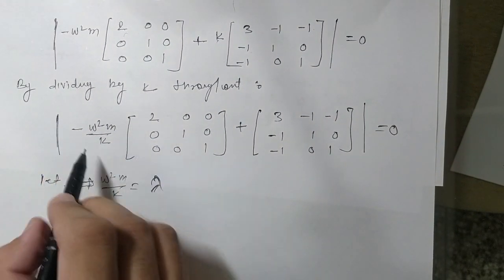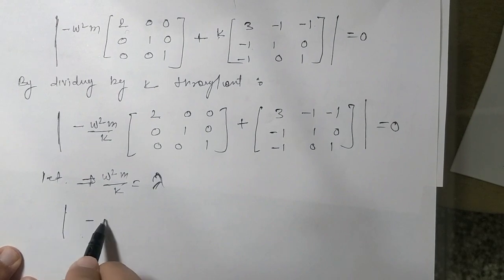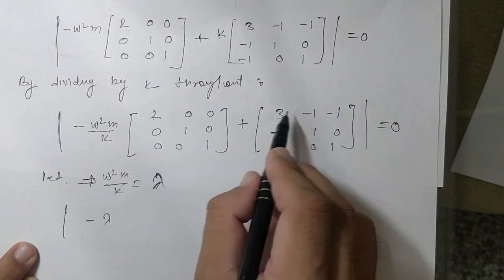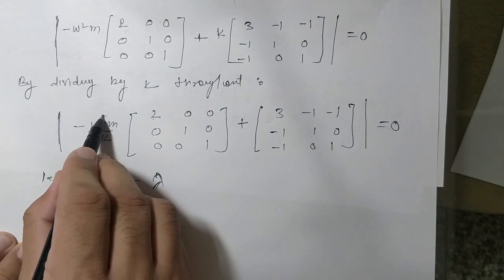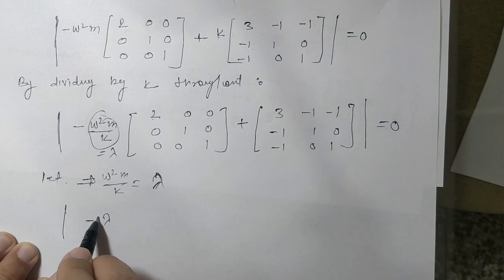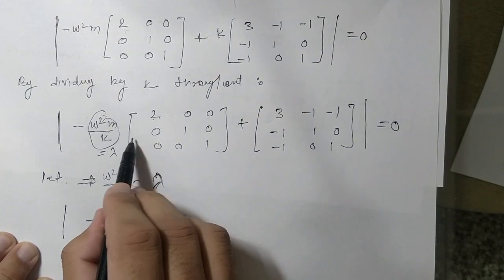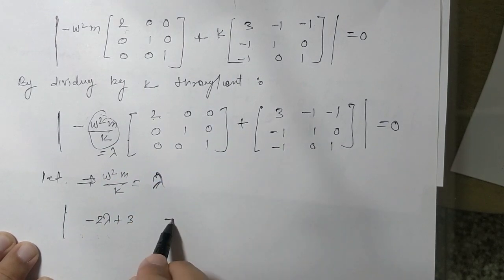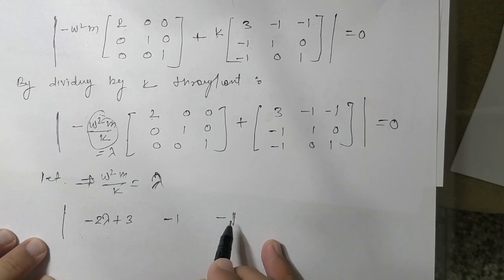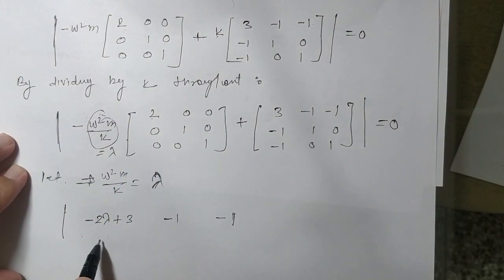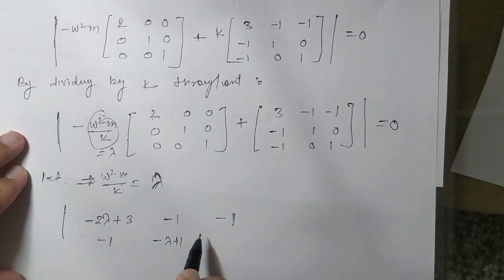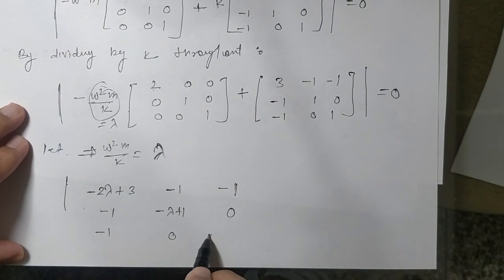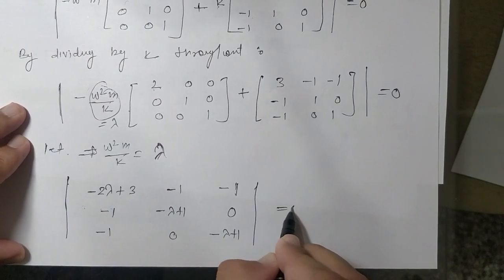If we replace this by lambda, then this becomes minus 2 lambda plus 3, and this is 0 minus 1, so minus 1, minus 1 and minus 1, and this minus lambda plus 1, and 0 minus 1, 0, minus lambda plus 1, is equal to 0.